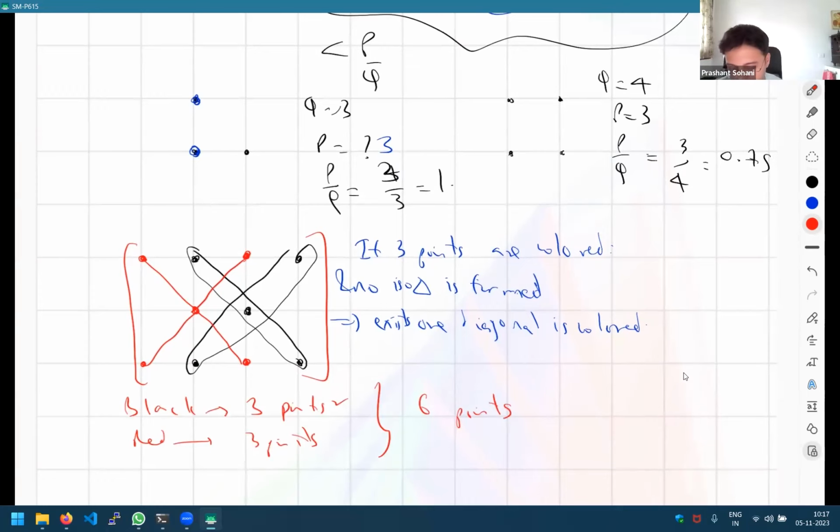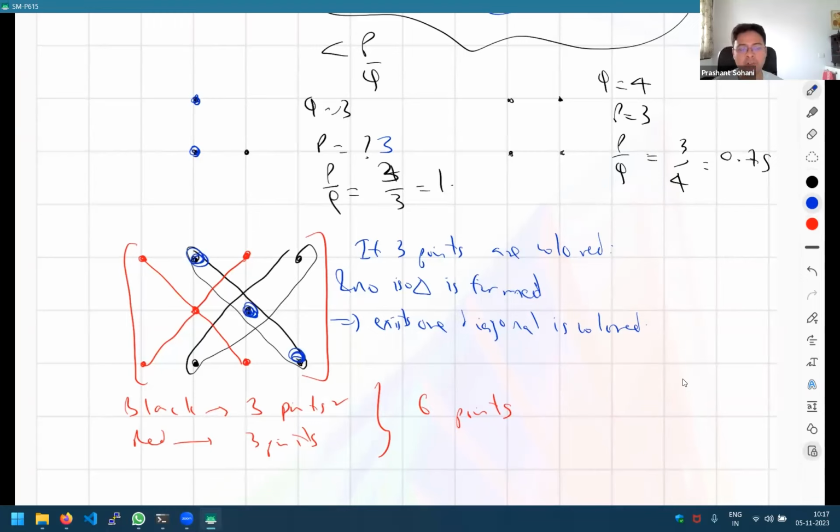But if you think about it, that's not true, right? Because if, let's say, I color these 3 points in the black combination, then I no longer have the freedom in the red part to color any diagonal. So there is an interdependency. I cannot solve both parts independently.